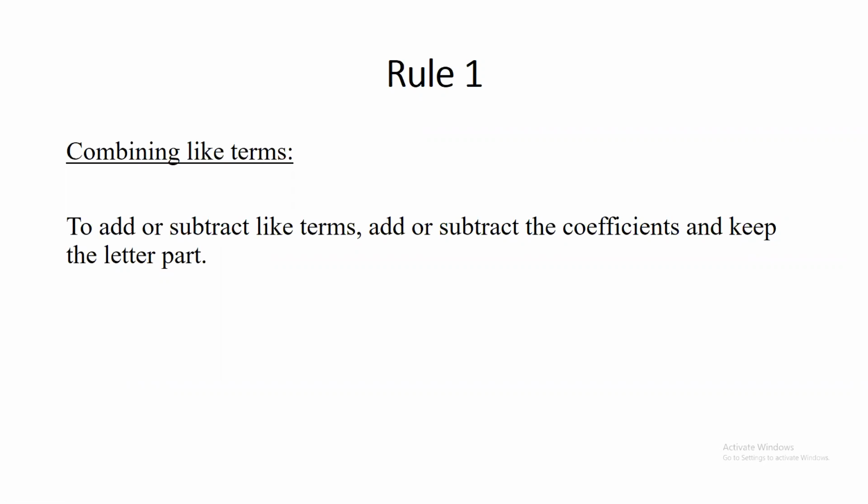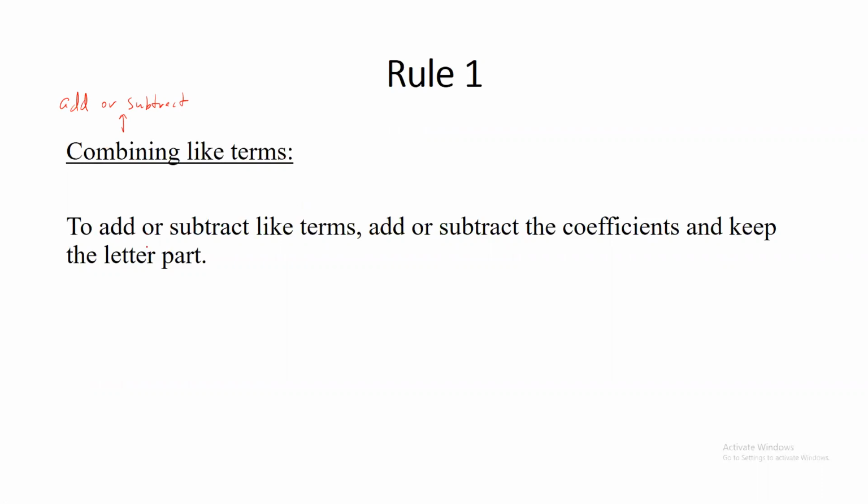The reason is that if two terms are like terms, it allows us to combine them. Combining is a little bit of a misleading term. What we really mean when we say combine is add or subtract. Now, how does this work?